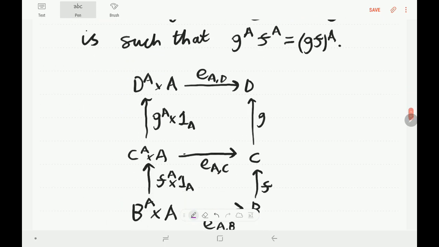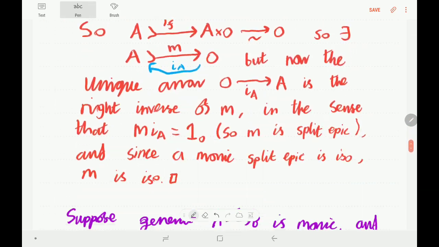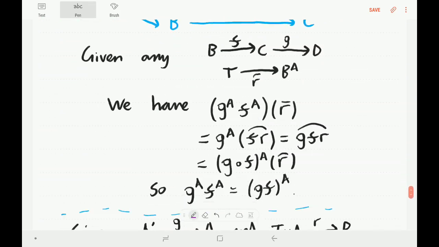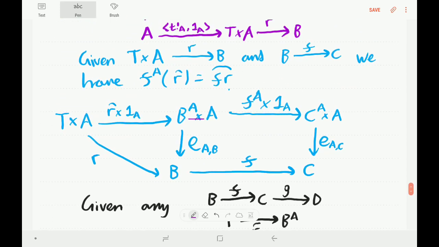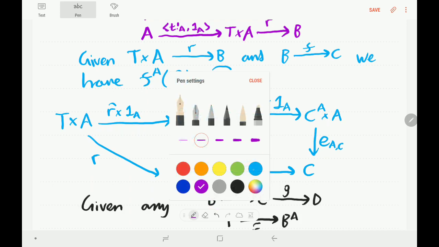Okay. And you can actually see that from this square here. Because if we just draw it like this, we have that this is f after eval A, B. And so this must be the transpose of it, okay? Up at the top right, the horizontal blue arrow.